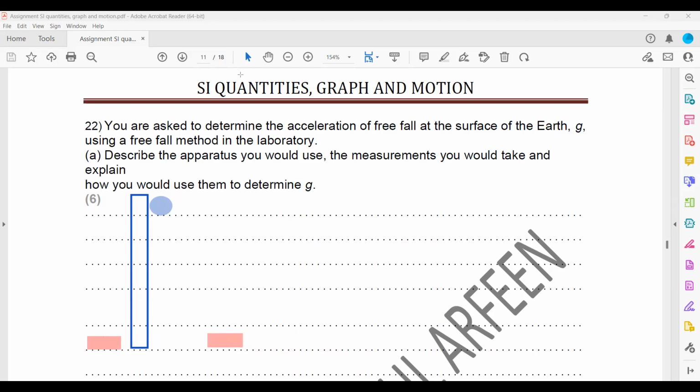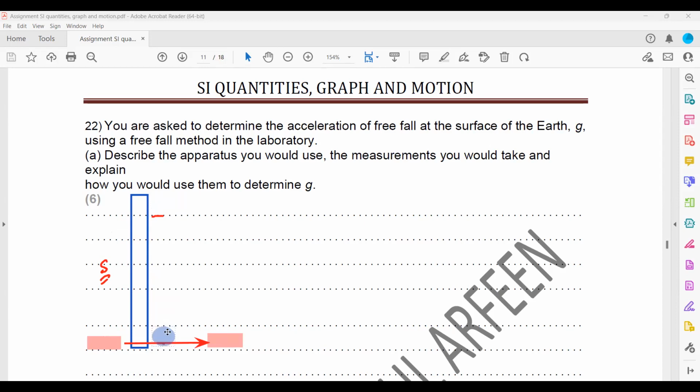So the light gate, the light sensor, is placed at the bottom. So using a meter rule or the meter scale, we determine the height from which this object is being dropped, and how the light gate will work. So when this object falls, how much time will it take to interrupt.